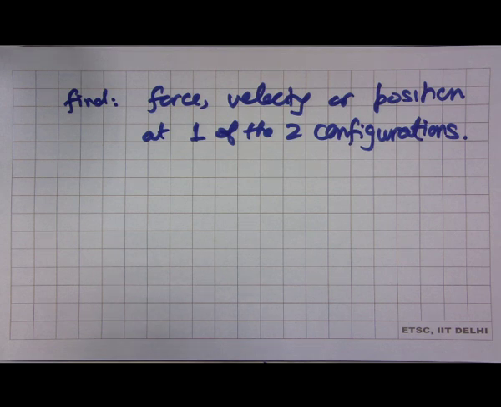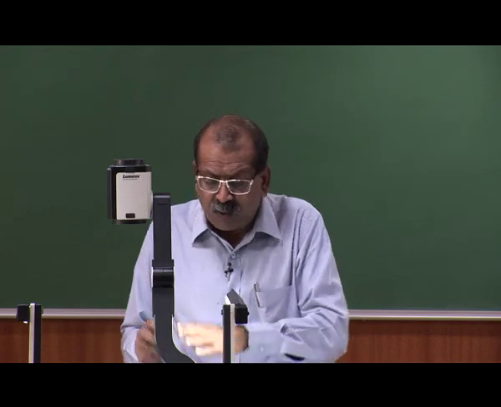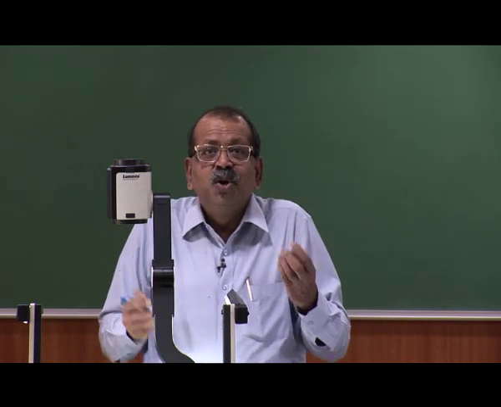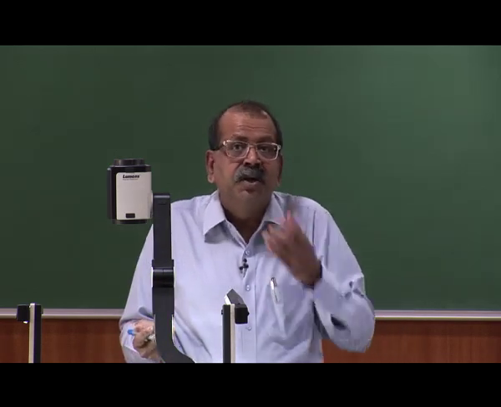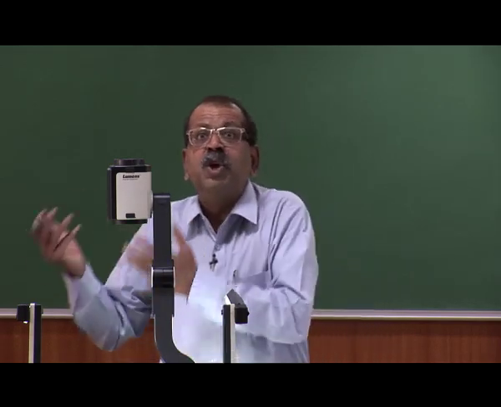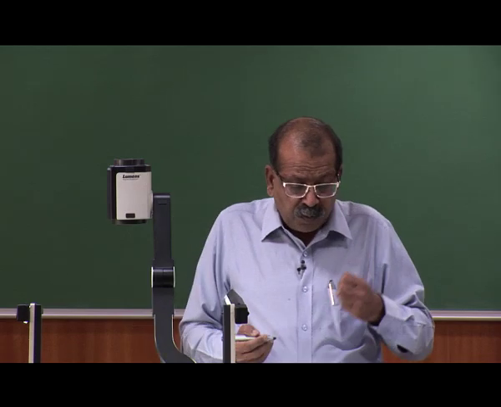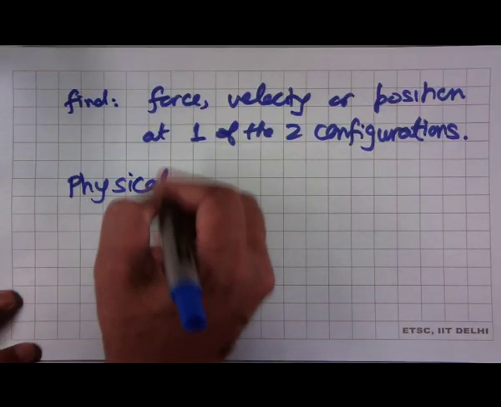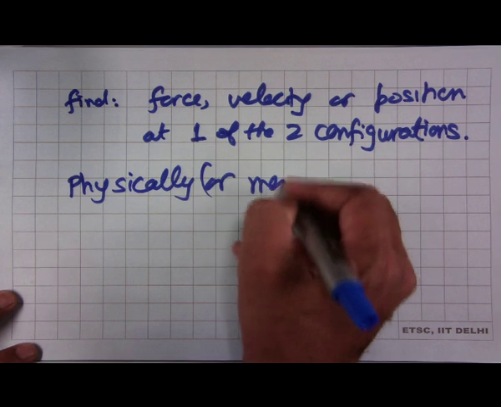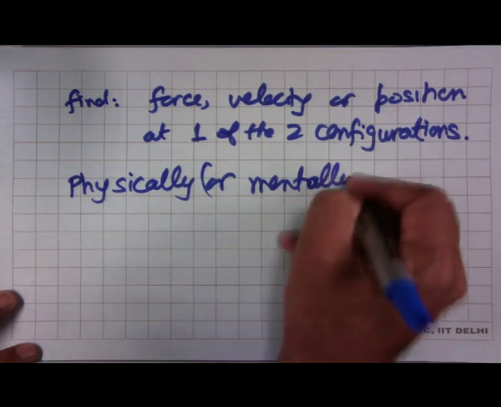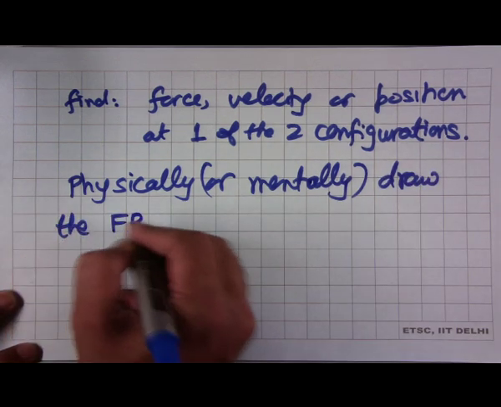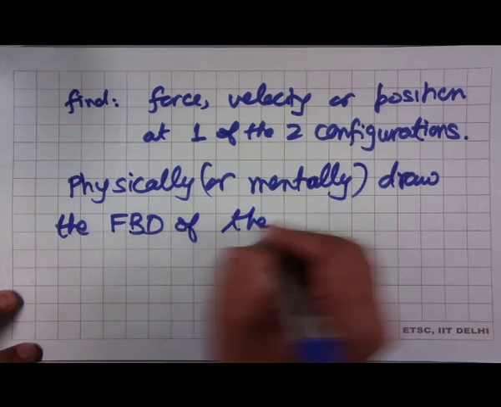Now, what are the advantages, we will just see. When we start any problem, you want to know whether you can use the work energy method, will it be useful or not, or should we use Newton's law. So, the first thing you do is, physically, or sometimes just mentally, you draw the free body diagram of the particle.